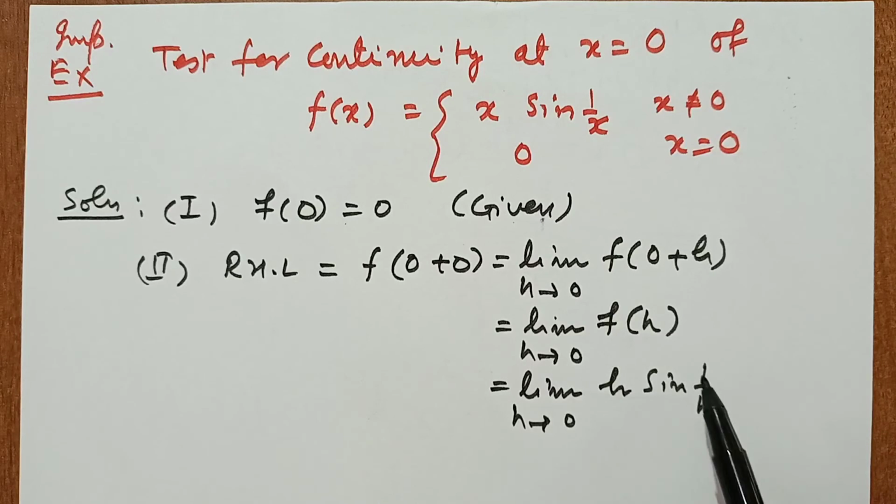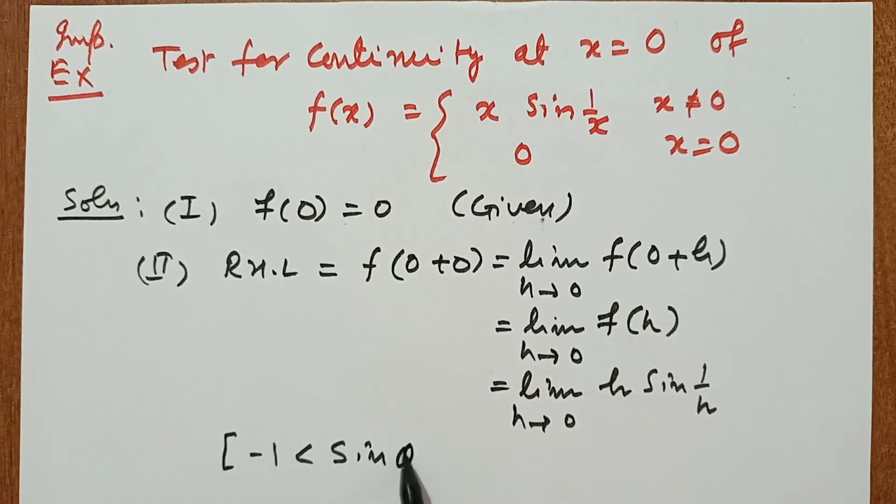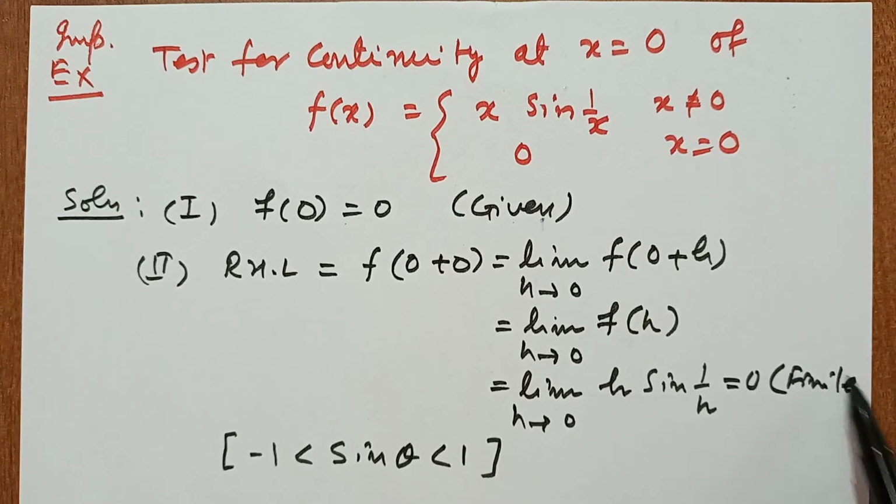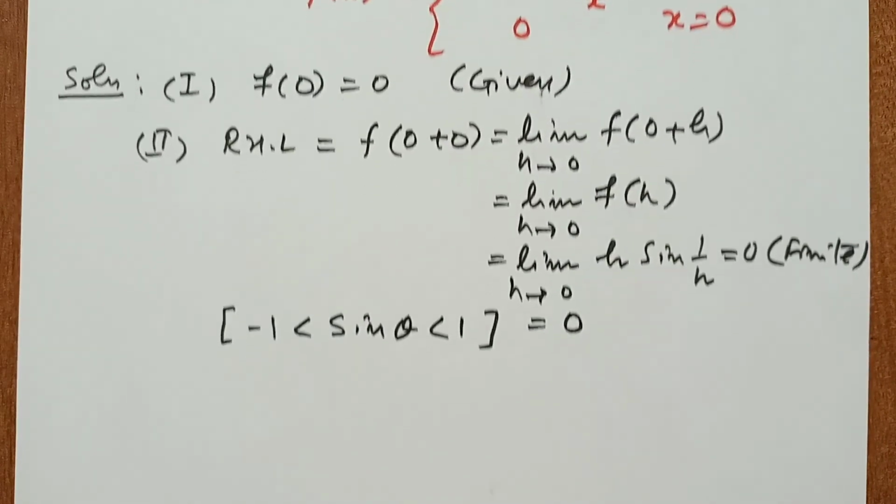Since sine 1 upon 0 is infinite, the value of sine theta lies between minus 1 to plus 1. Okay, if you put theta larger and larger, there is no change; the value of sine theta always lies between minus 1 to plus 1. So on taking the limit, 0 into a finite number, any value, this is equal to 0. So the right hand limit is 0.